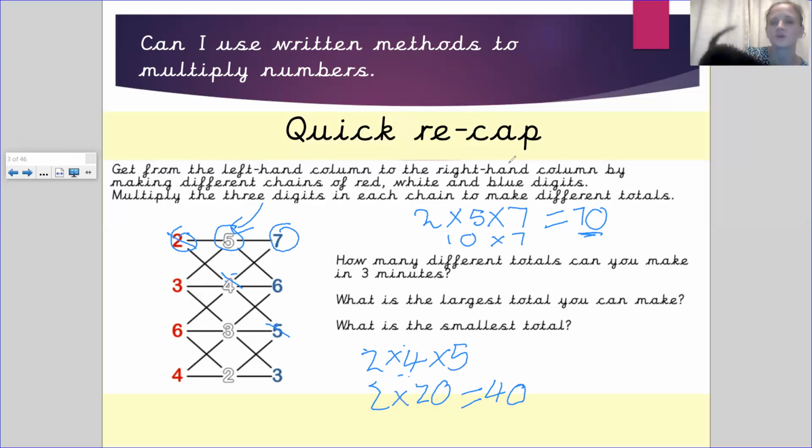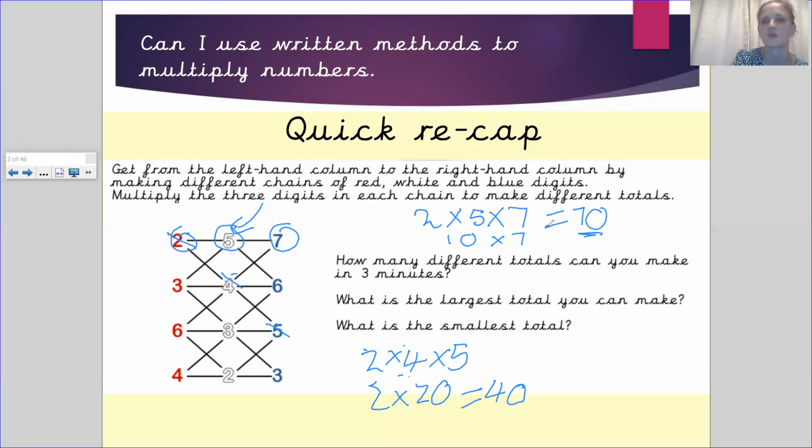So pause the video now and work your way through these making 3-digit chains. And then I want you to test yourself. So don't just give it a start. Put a timer on of 3 minutes and see what the largest total is that you can make. How many different totals can you make? What is the smallest total?